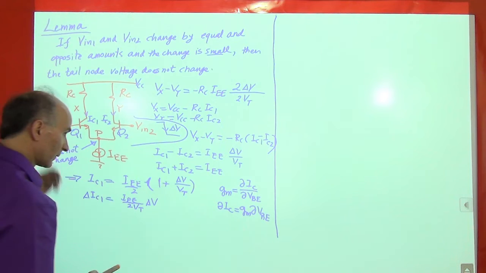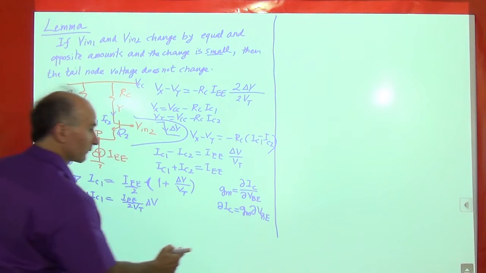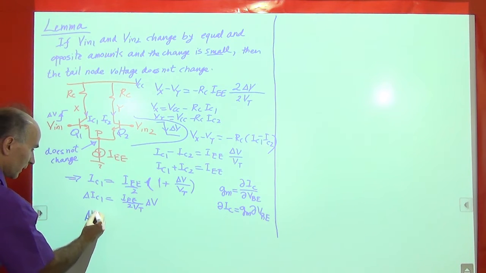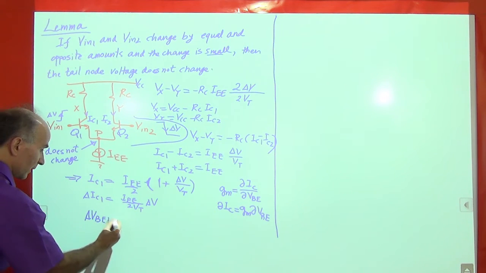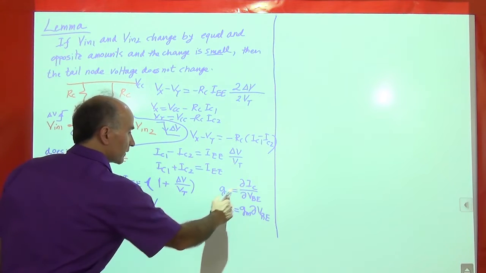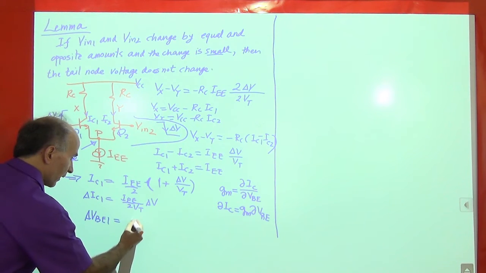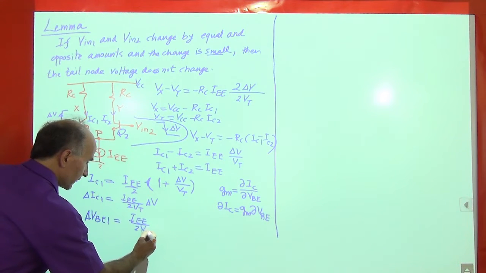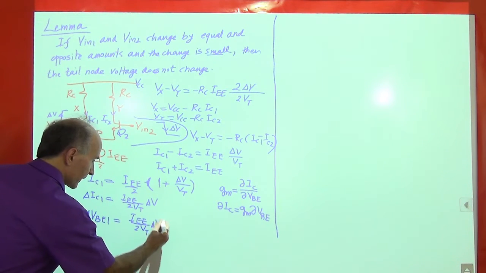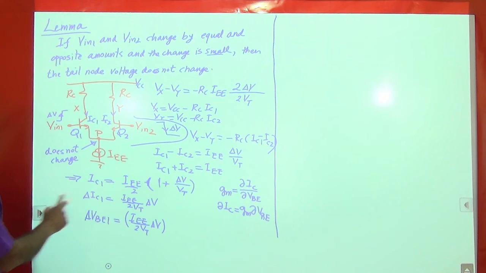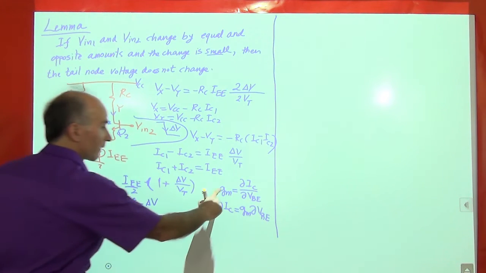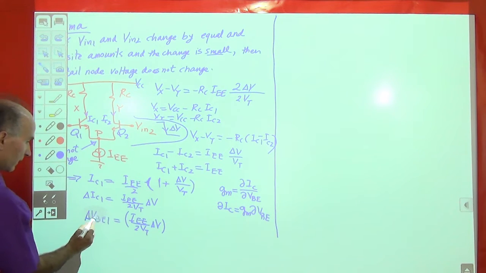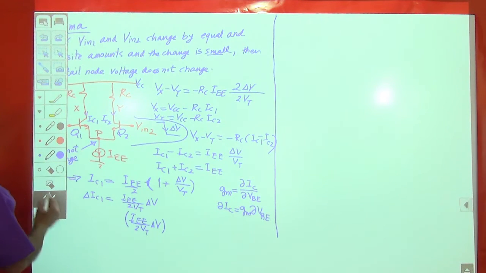Okay, so I am looking for actually delta VBE. So I'm going to write delta VBE1 is equal to delta IC over gm. So that's IEE over 2Vt delta V. That is the current change divided by gm.